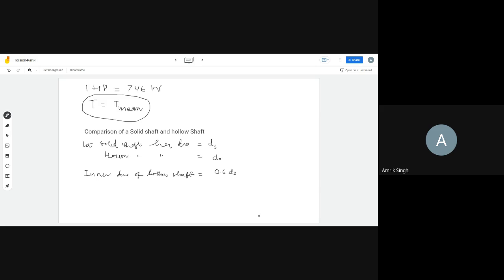The material is the same for both shafts.